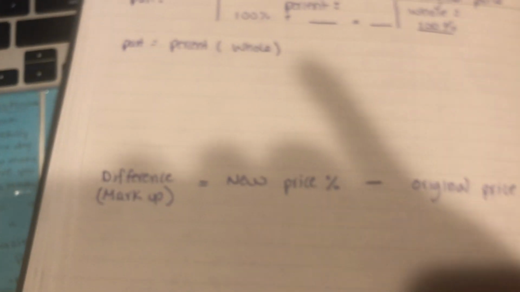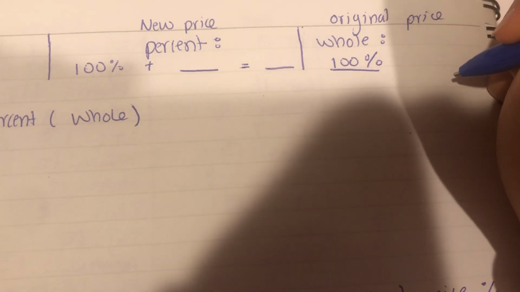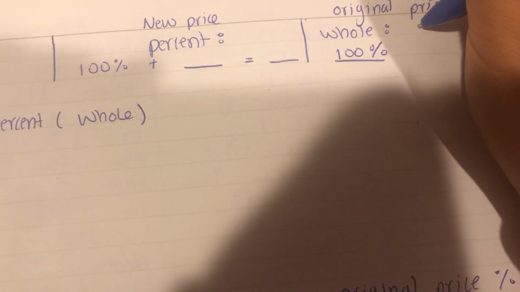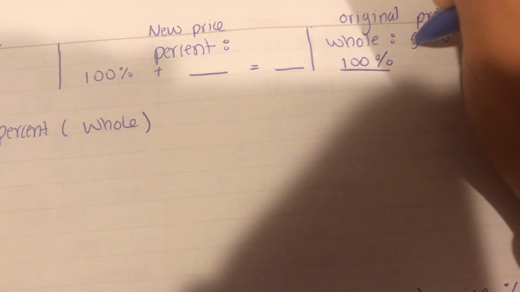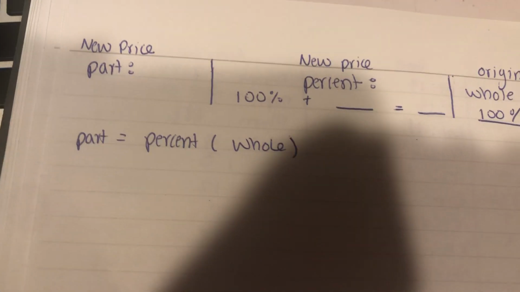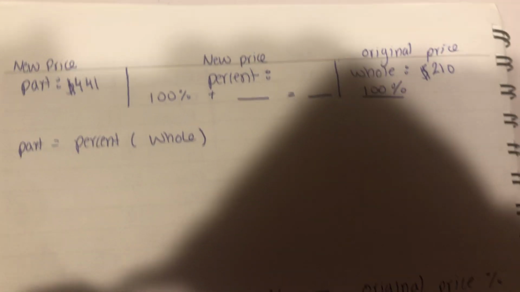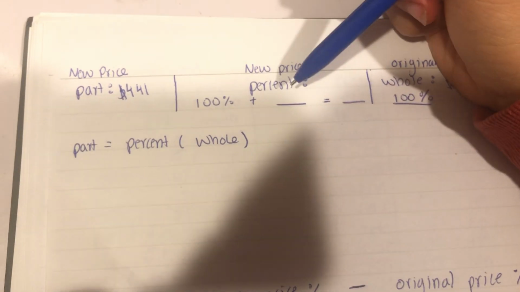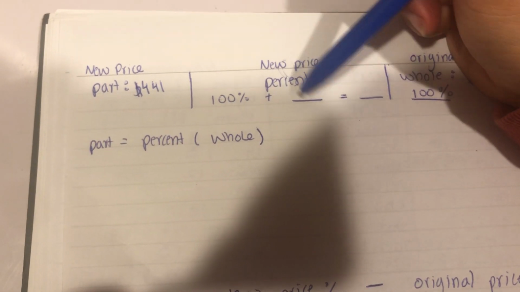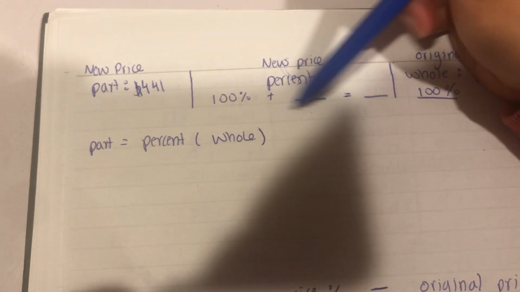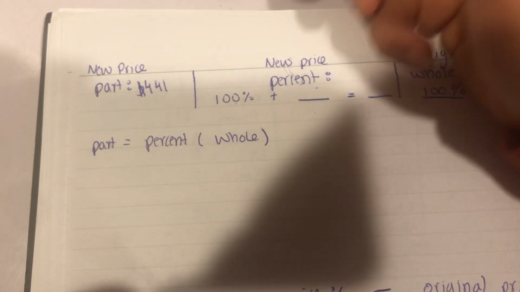So I'm going to go ahead and start on my notes. The original price of the fountain was, as we have, $210. And the new price after, which is more than double at this point, is $441. Now, remember that the new price percent is going to represent the new price, not the markup price, which means the markup is 100% plus the markup, right?